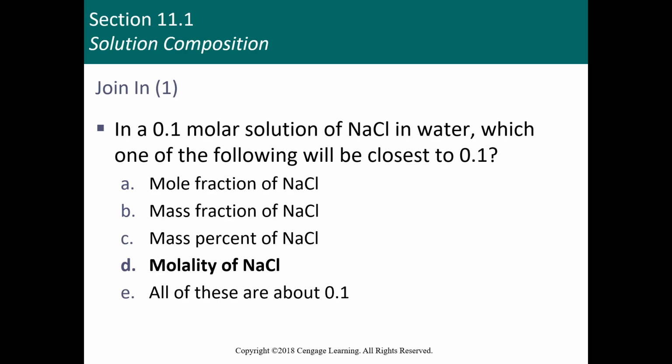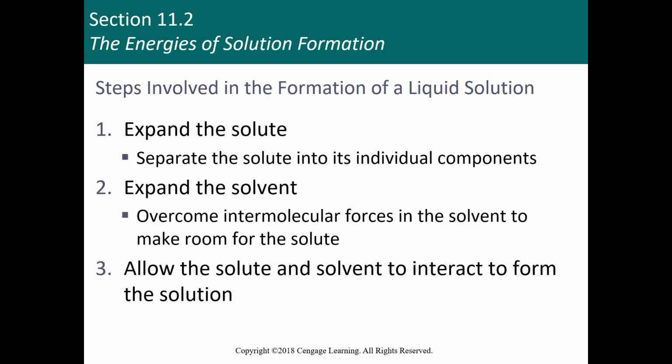And so the molality of your NaCl is going to be the most similar. That's again because the density of water is 1. If the density of your solution is close to that of water because it's very dilute, then yes, it will be very, very similar numbers.